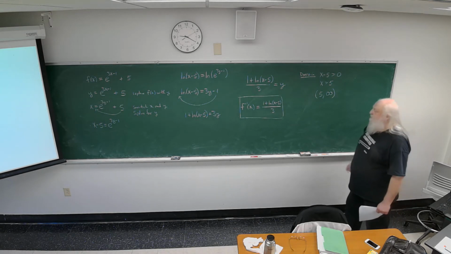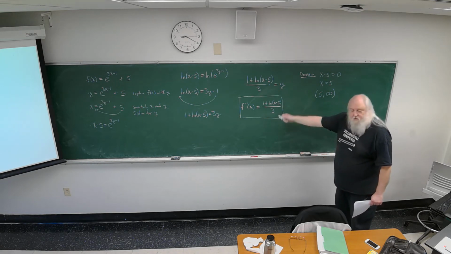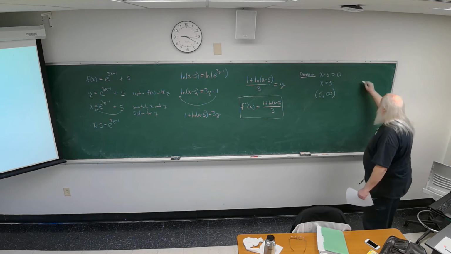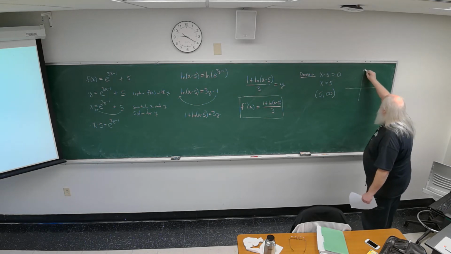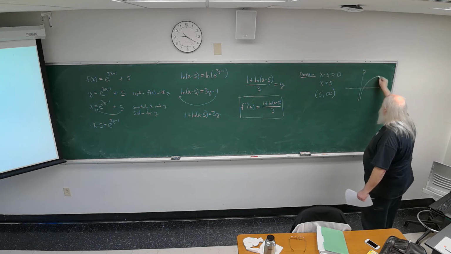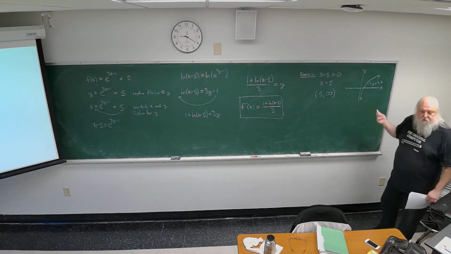Now, probably the easiest way to recognize the range of the inverse function is you know that the graph of the natural log function looks like this. We talked about the domain and range of the natural log, right?